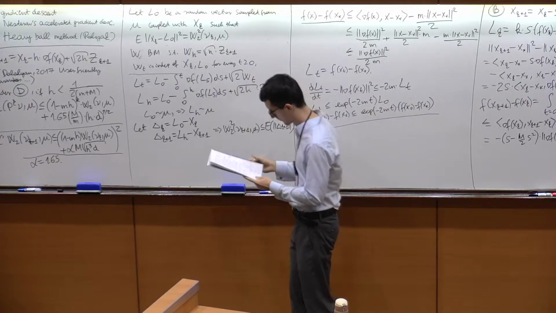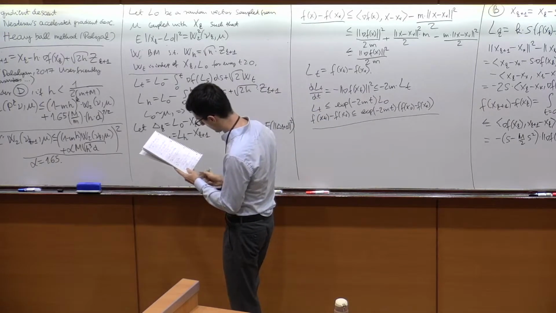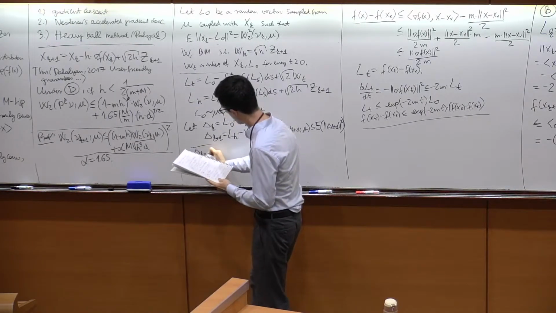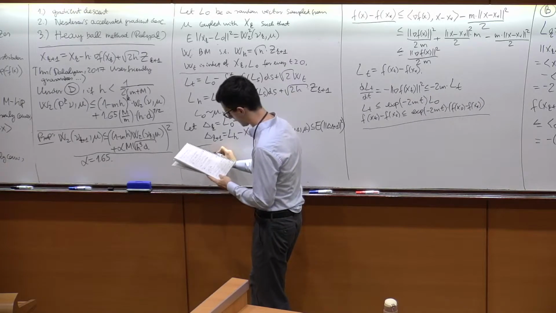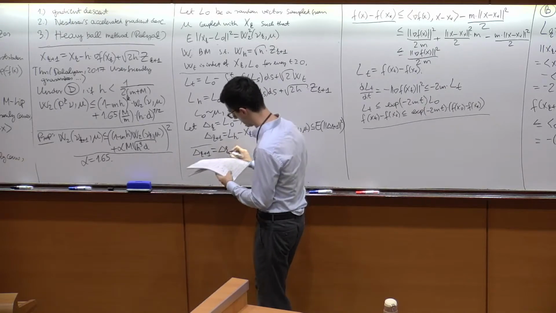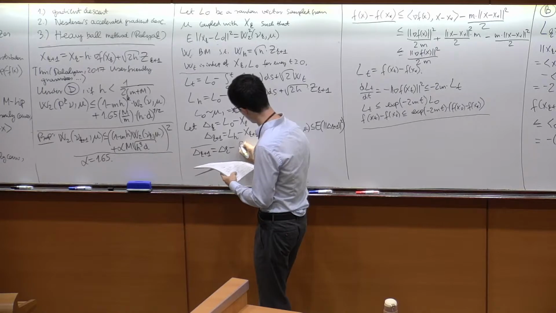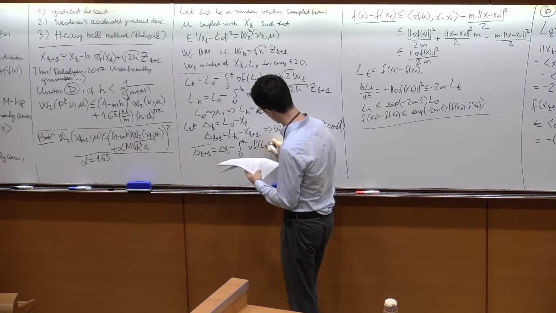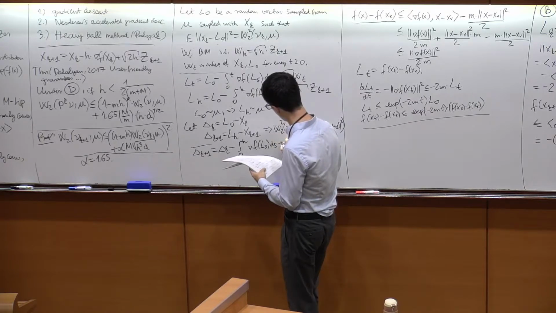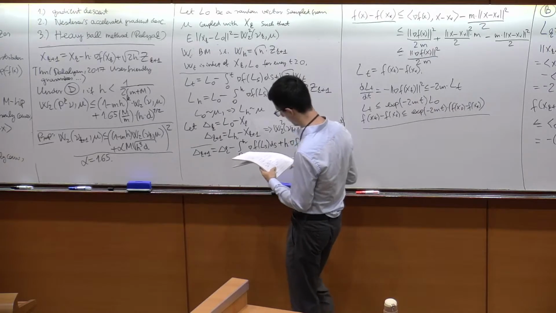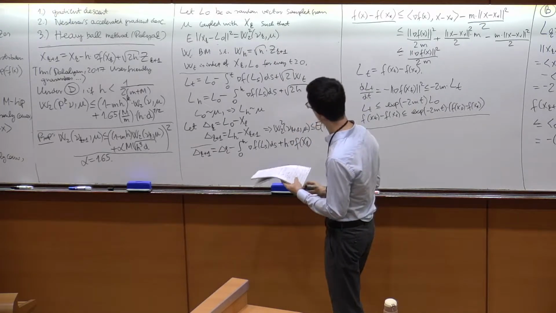Now we need to do some analysis here. Delta_{k+1} can be decomposed as delta_k minus the integral from 0 to h of gradient f(L_s) ds plus h times gradient f(x_k).